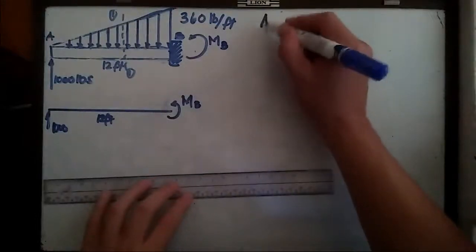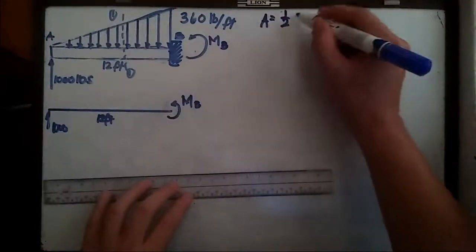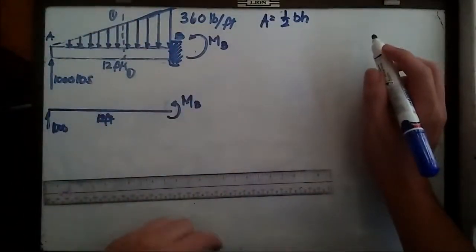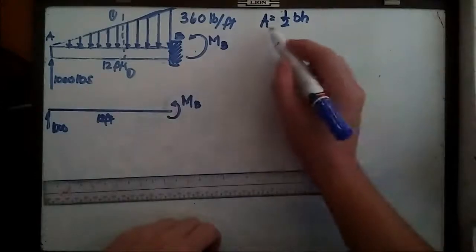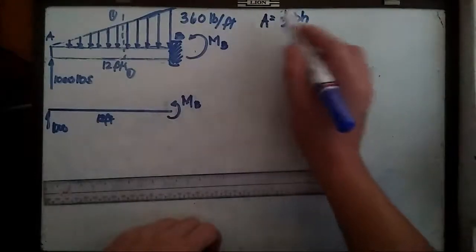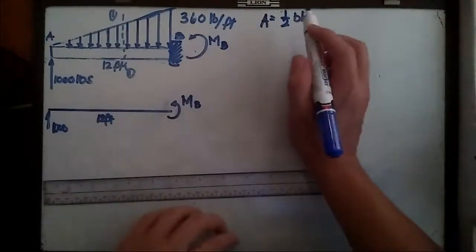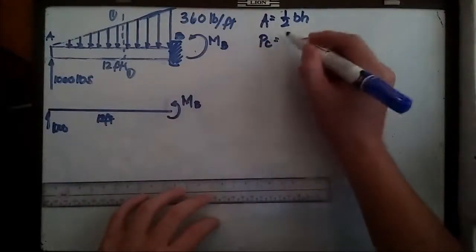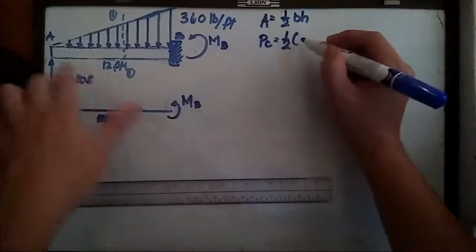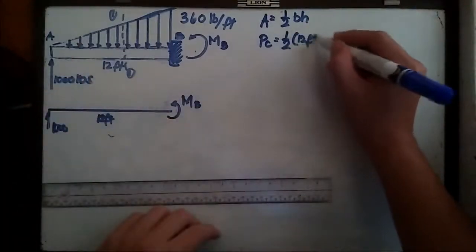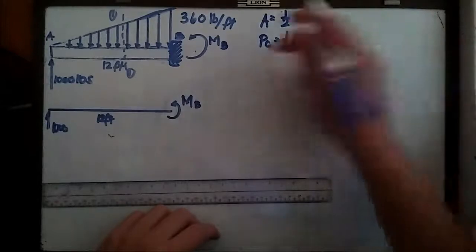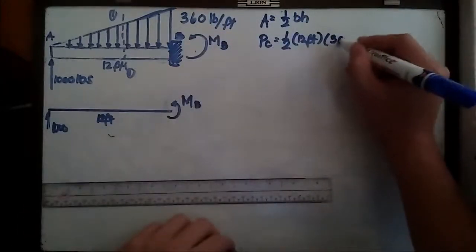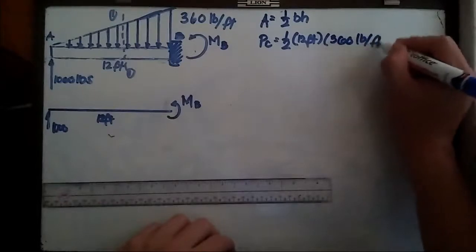You just need to apply the area of the right triangle. Since the geometrical shape of our uniformly varying load is a right triangle, we can simply use the area method. So looking for P sub C, that should be 1/2 times the base, which is the whole length of the beam, 12 feet, multiplied by the height, or rather the magnitude of the load imposed on the beam, 360 pounds per foot.